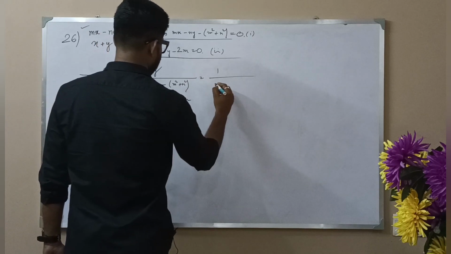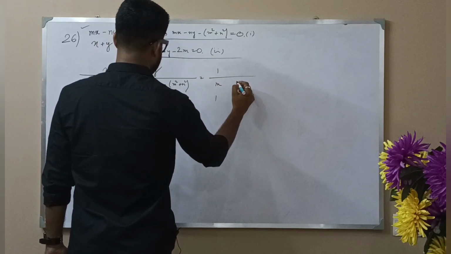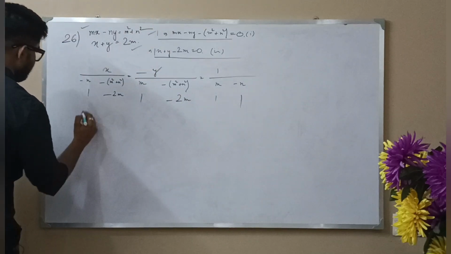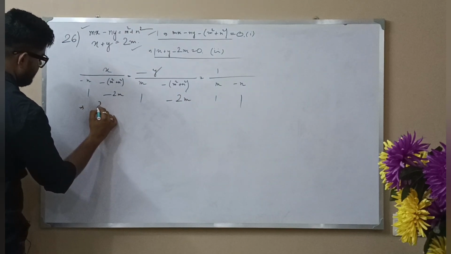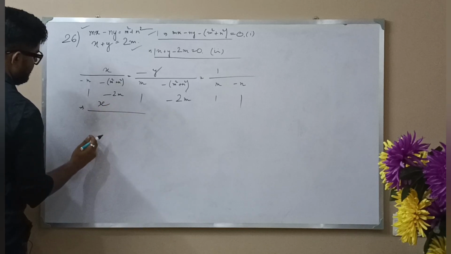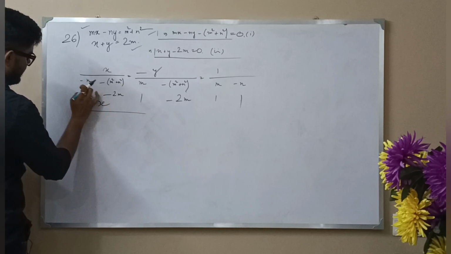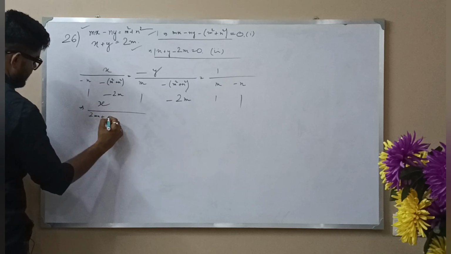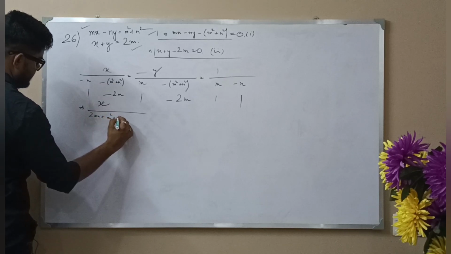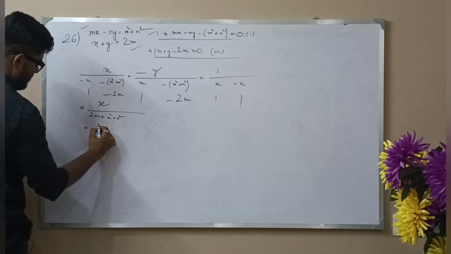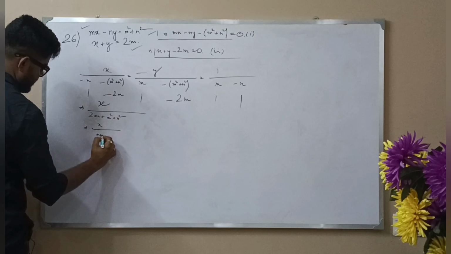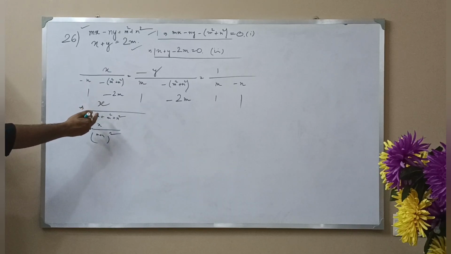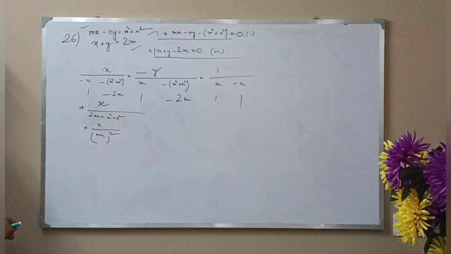Okay, now m1 minus n1. So now positive, negative, negative is positive, 2mn plus m square plus n square, m plus n whole square. Okay, m square plus n square plus 2mn will give you m plus n whole square.